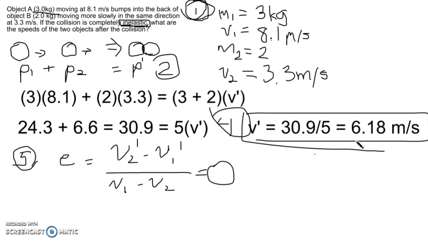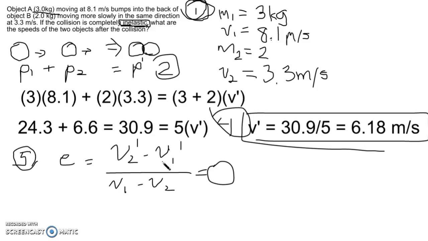Well, the final v's are the same, so 6.18 minus 6.18 over whatever that is is 0. And since the initial velocities aren't equal to each other, it's not 0 over 0. It's just 0 over something, which equals 0. So that's one part of step 5.